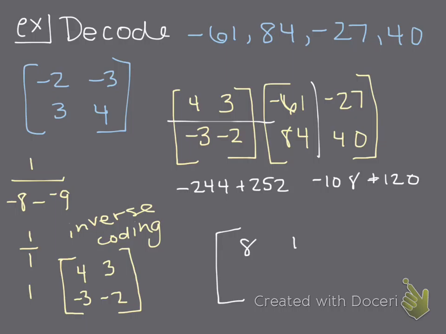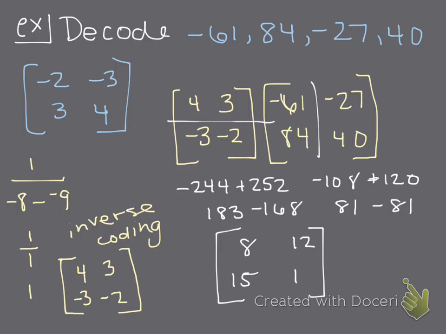When I subtract them, I get 12. Negative 3 times a negative 61 is a positive 183. 2 times 84 is negative 168. When I subtract these, I get 15. And lastly, I have 3 times negative 27, so that's a negative 81 plus 82, and I get a 1.